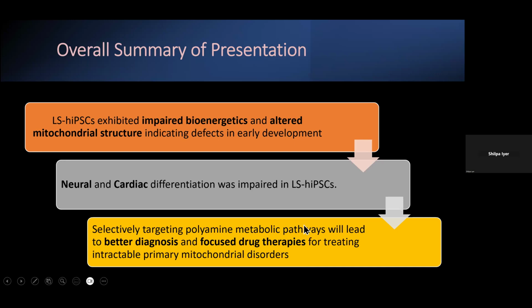So an overall summary is that we see impaired bioenergetics, altered mitochondrial structure, and defects showing up in early development, because the induced pluripotent cells are markers of early development.